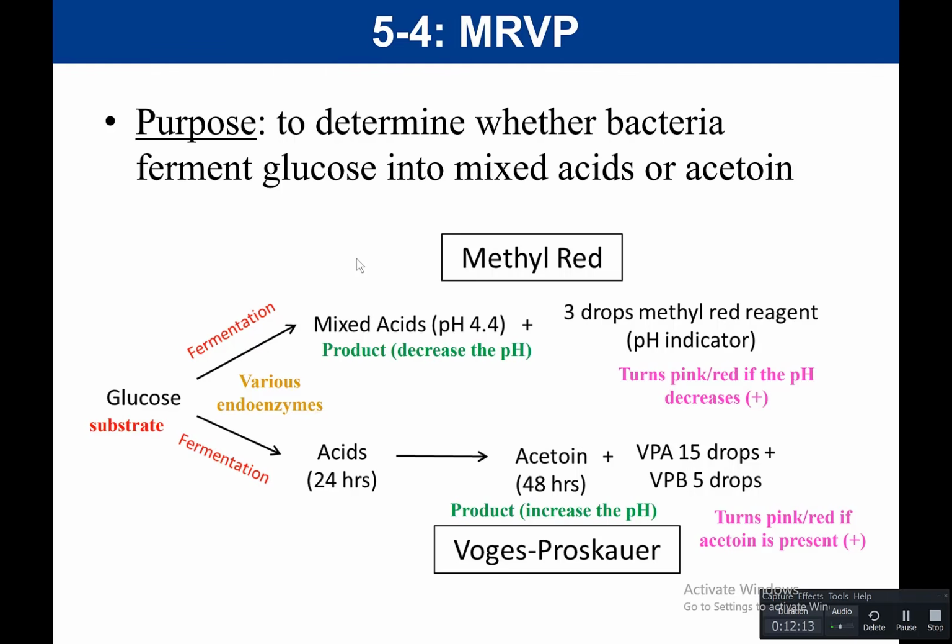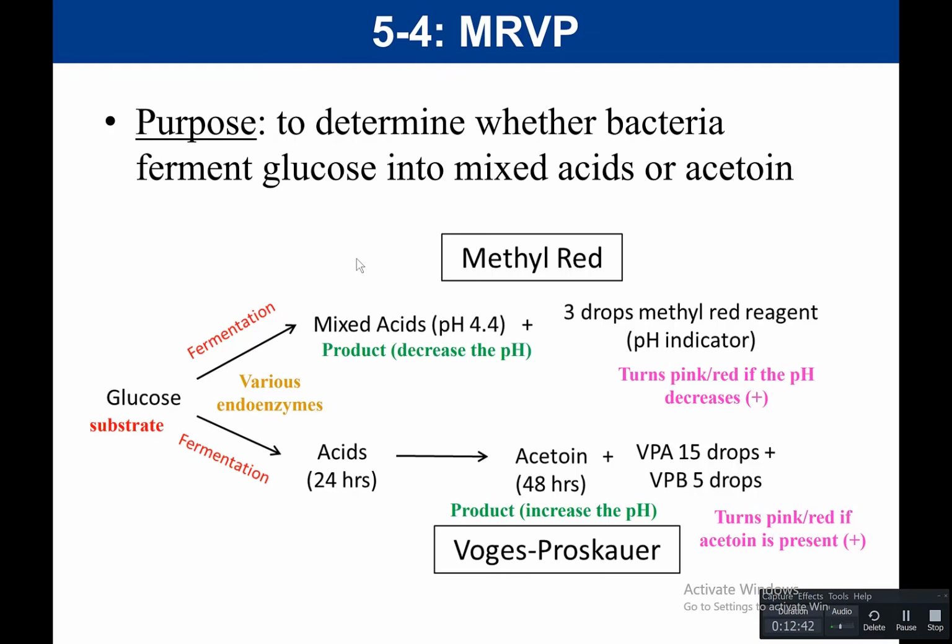In this case, methyl red acts as both because it's added after we do the incubation step, and it also changes color depending on the pH. So you would want to record that the pH indicator and the reagent is methyl red, and that methyl red is going to change color if the pH decreases. So it will turn pink red if the pH decreases.